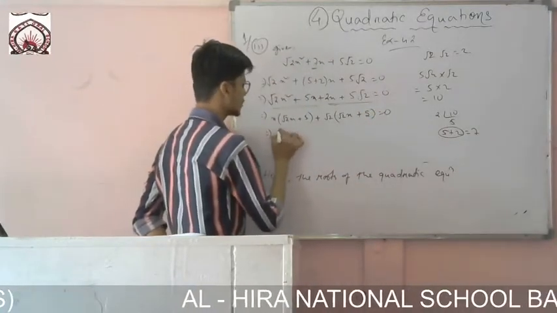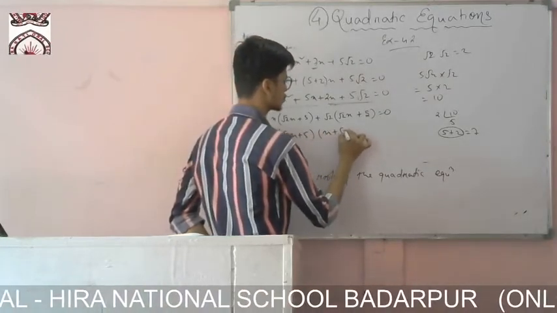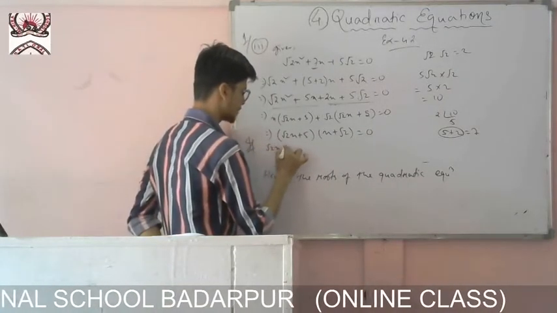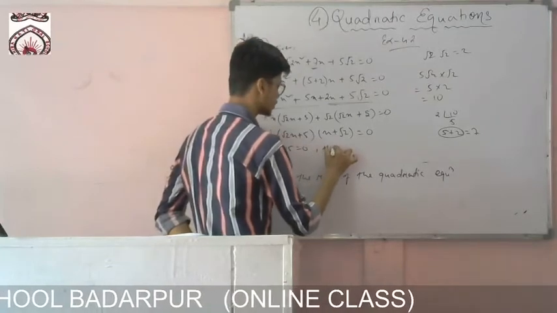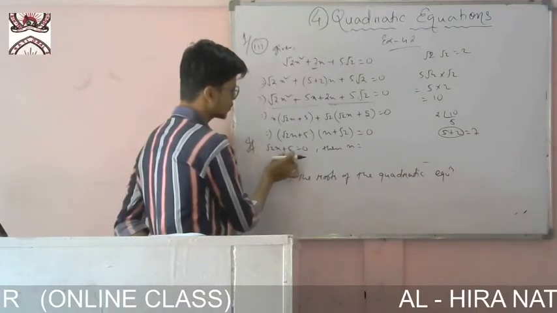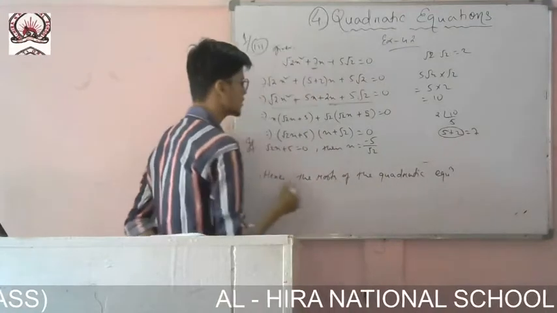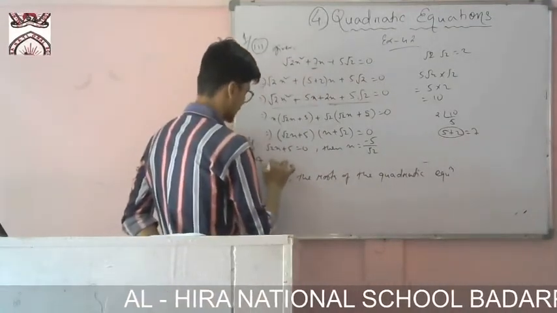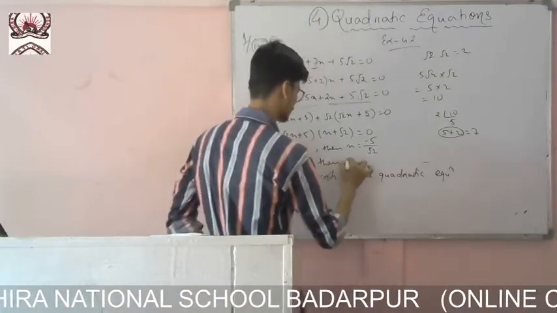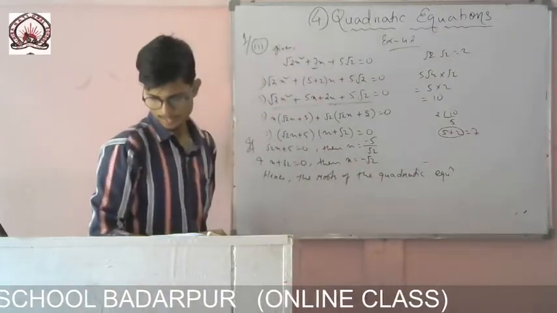So if I take the common factor, it will be (√2x + 5)(x + √2) = 0. If √2x + 5 equals 0, then x equals minus 5 by √2, since 5 goes to the other side as minus 5 and √2 comes to the denominator. And if x + √2 equals 0, then x equals minus √2.